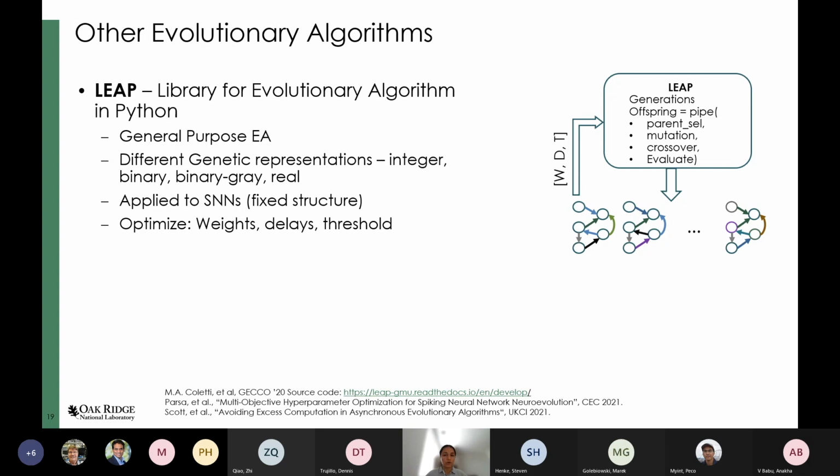It can optimize different parameters of the network, however the topology of the network has to remain fixed. Since it's a general-purpose evolutionary algorithm, it can be applied to both ANNs as well as SNNs. We have shown it applied to SNNs in terms of optimizing the weights, delays, and thresholds of the network.